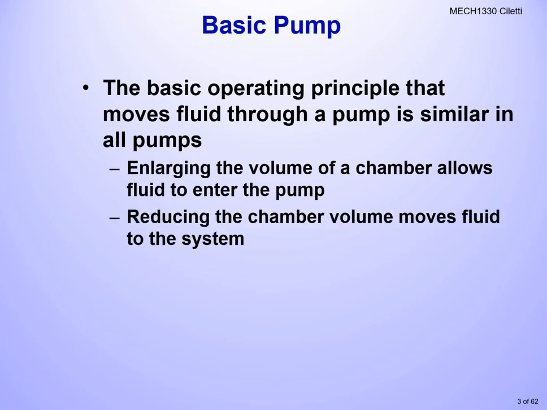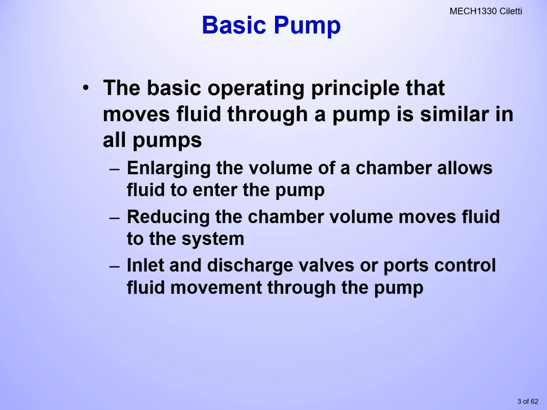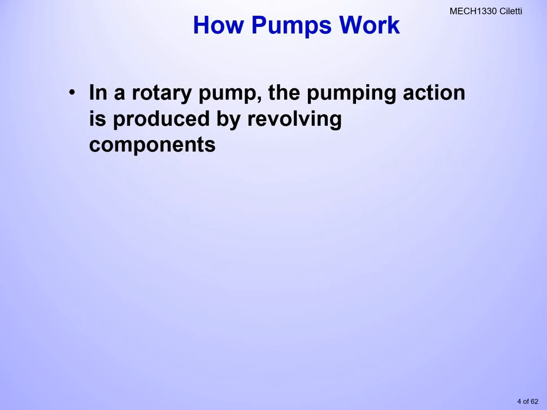Then we reduce the chamber volume to move the fluid to the system. So we make the chamber bigger and then smaller as we are literally pumping fluid in and out of the system. We have inlet and discharge valves, or we call them ports. They control the fluid movement through the pump, so there's an input and an output to each pump.